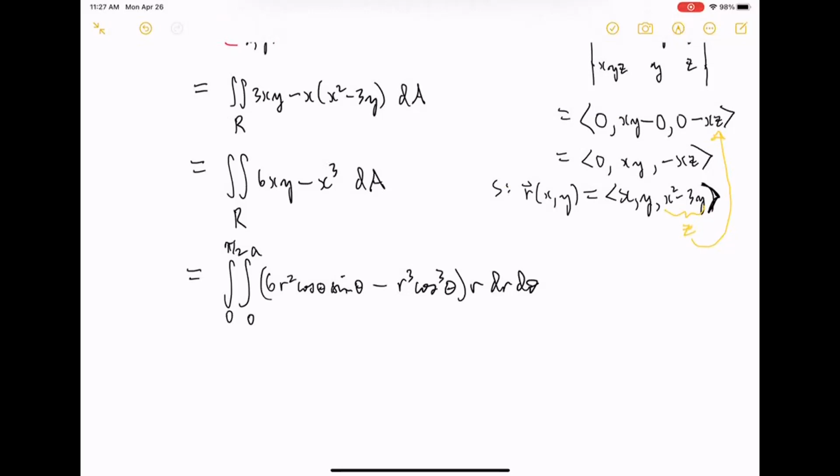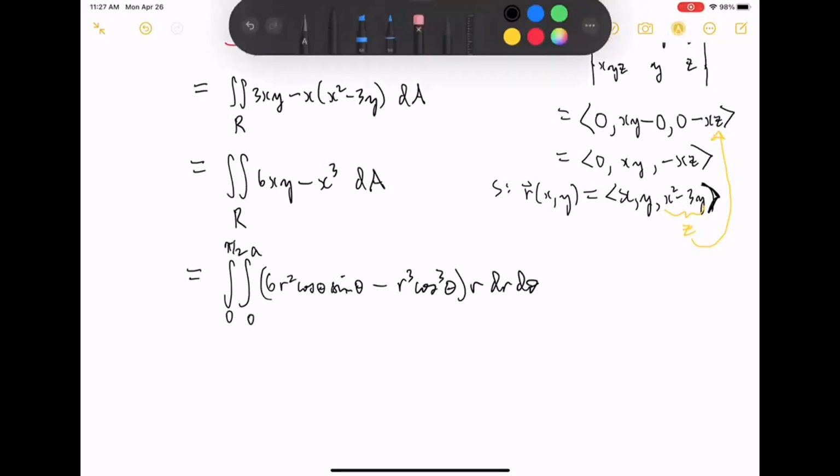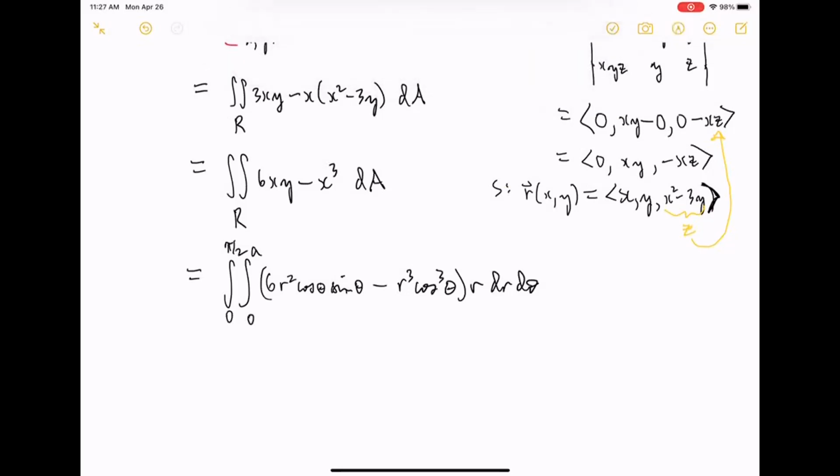If you kept it in rectangular, would you just find the bounds from the shadow in xy? Sure. Right. Here we could do that fairly easily. You could just say that this would be equal to the integral of 6xy minus x cubed, let's do dy dx.